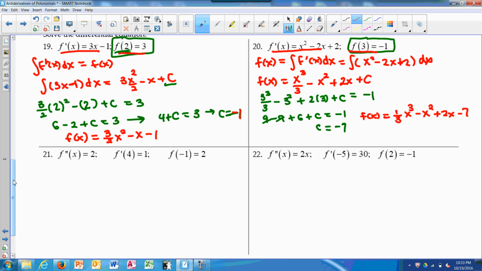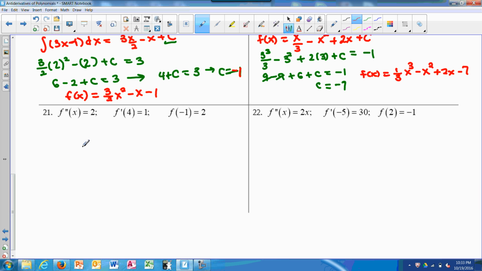Okay, so let's do a couple that are a little bit trickier. This time we're going to start with the second derivative, but this really works the same way. The first derivative is going backwards from the second derivative, similarly to the function is going backwards from the first derivative.